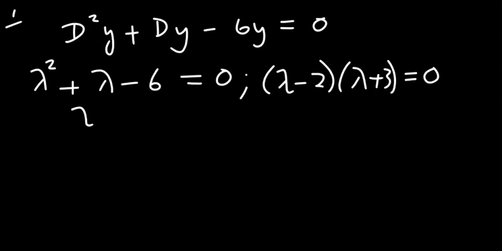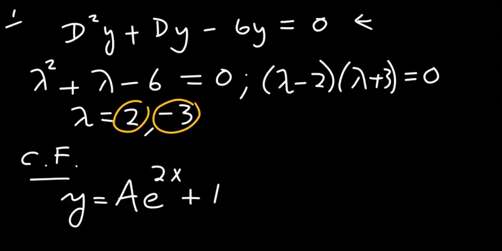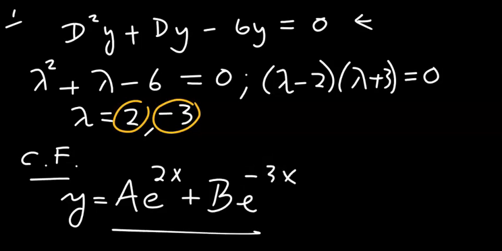That would give you two roots, or two values for λ. The first value is 2, the second value is -3. The lambdas are real and different. So the complementary function, or the general solution to this equation, is y = A e^(2x) + B e^(-3x). And that's the general solution.